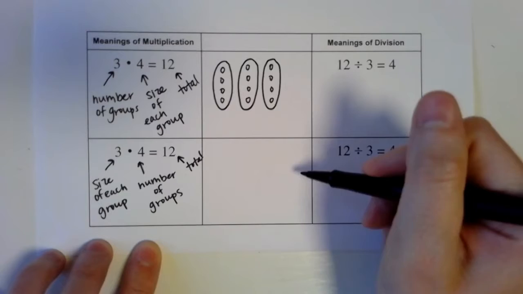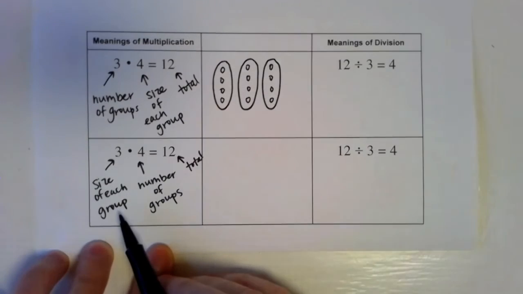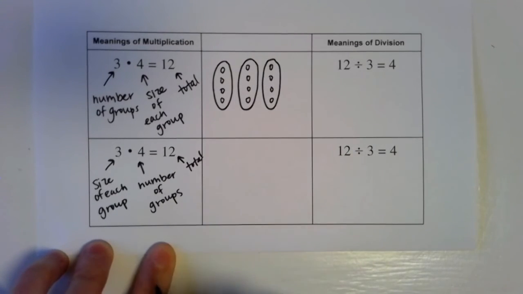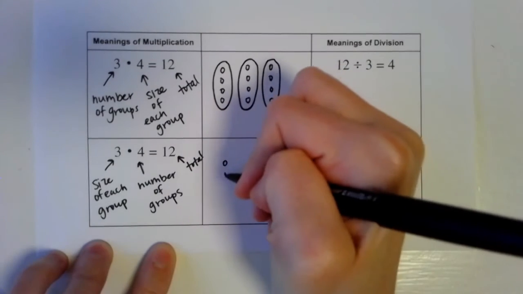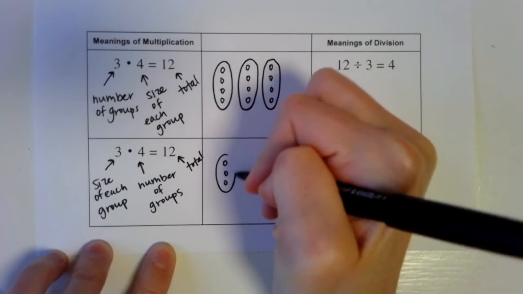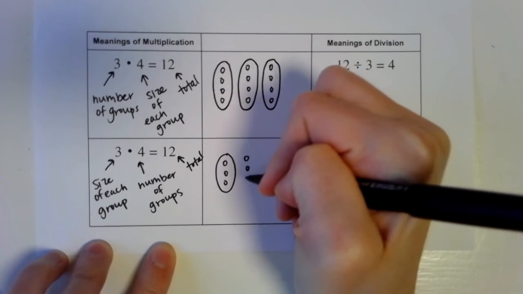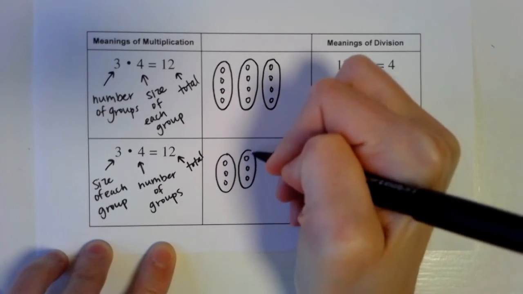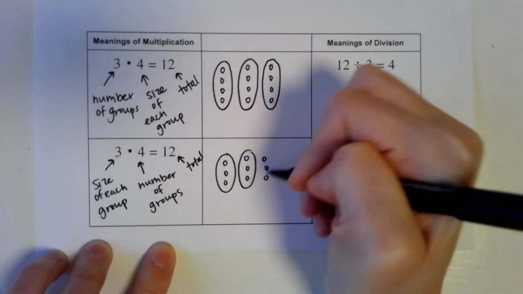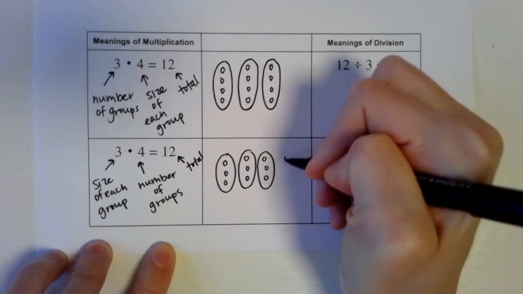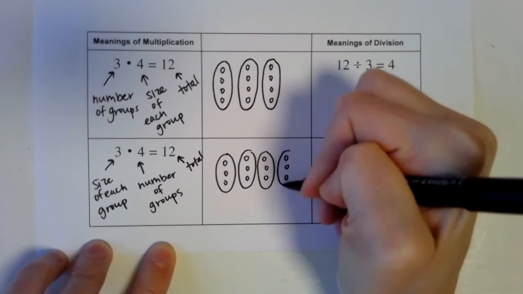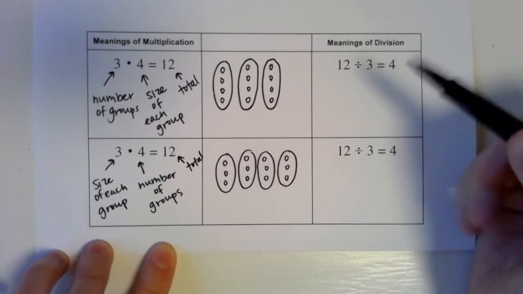So this picture is going to look a little different than the first one. Now I have 3 in each group, and there are 4 groups. So here's one group of 3, 2 groups of 3, 3 groups of 3, and here are 4 groups of 3.